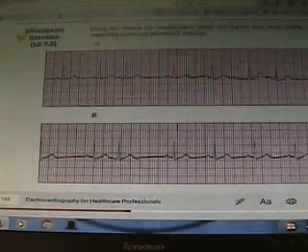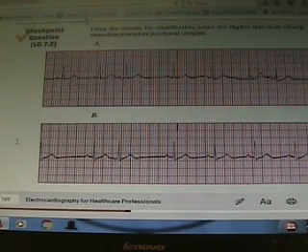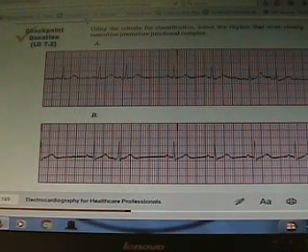So now when we're looking at this one, which one here is the PJC, A or B? Both of them could be it, couldn't it? But let's look at all the waves in A. This one looks messed up, right?